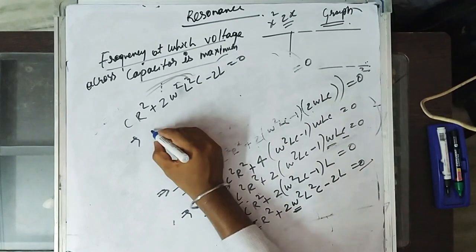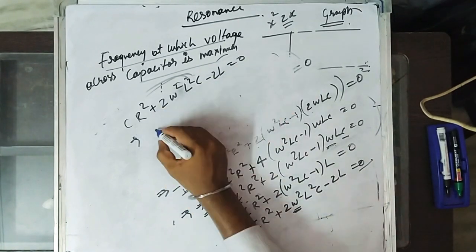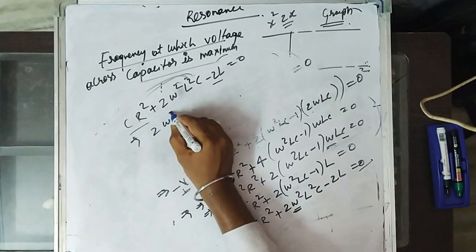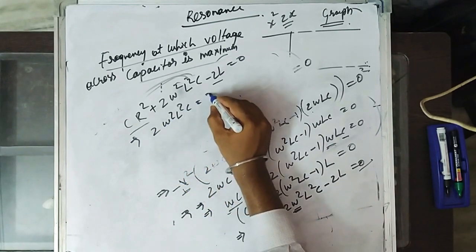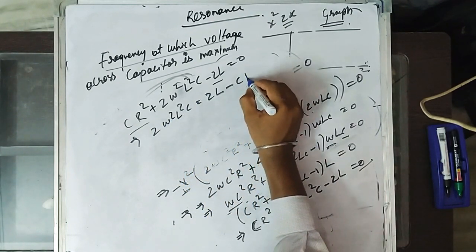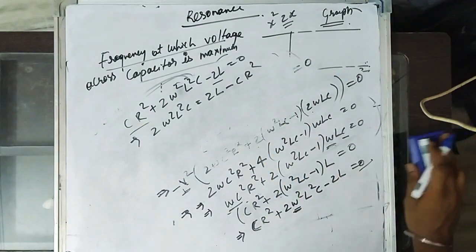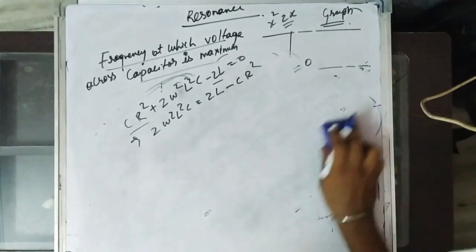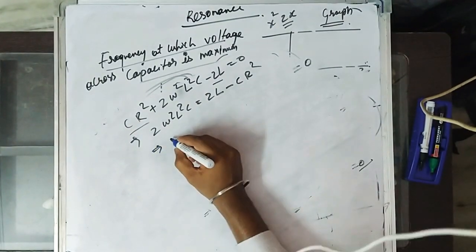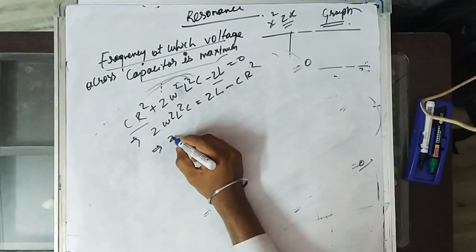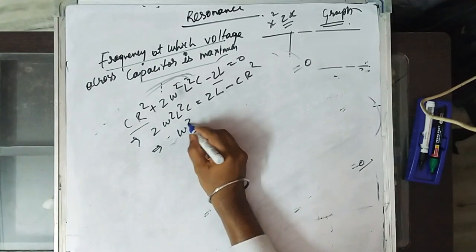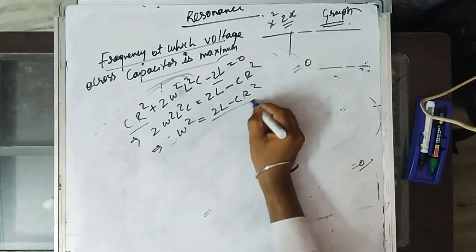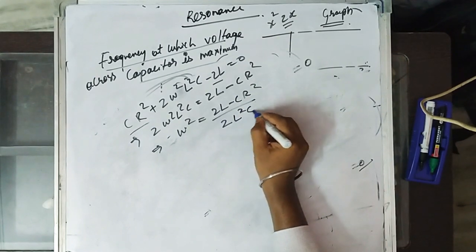So move that CR square and 2L to that side, so 2 omega square L square C equals 2L minus CR square. So this further becomes 2 omega square equals 2L minus CR square by 2L square C.